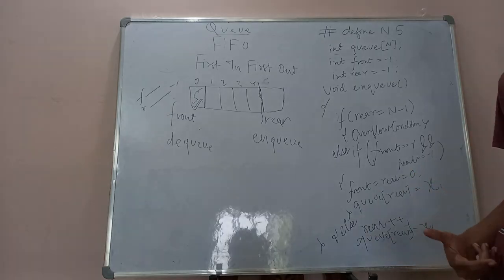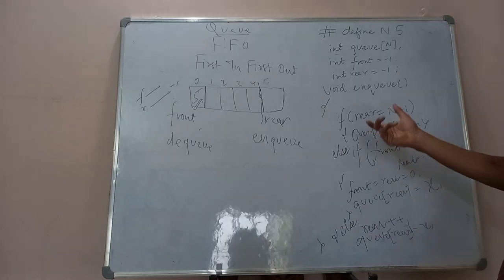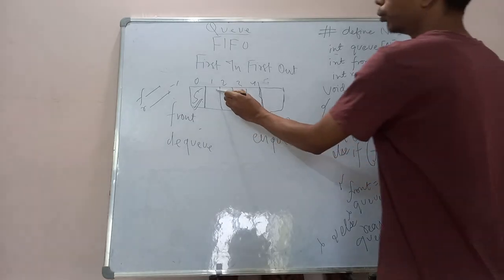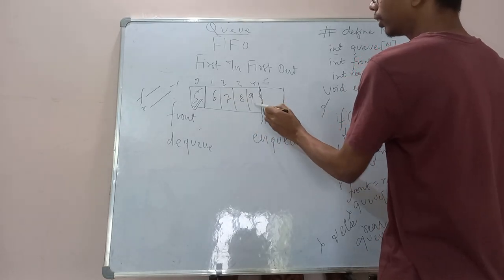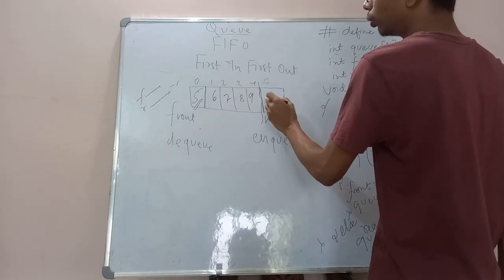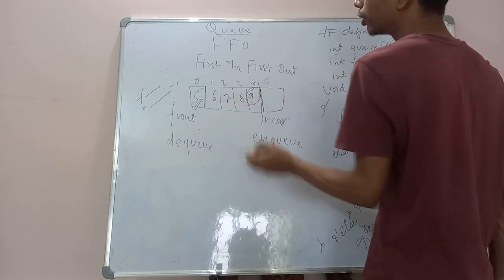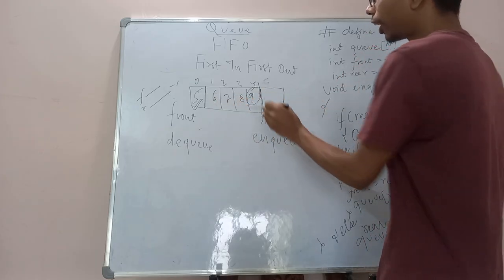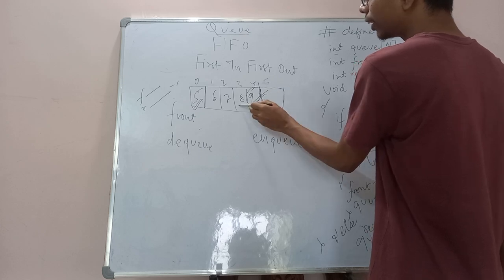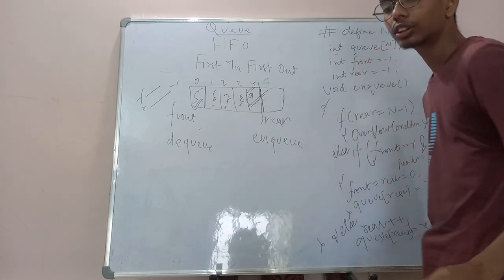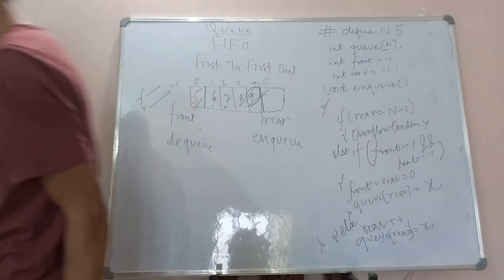Now we will discuss how to dequeue an element, how to remove an element. As this is my queue, first I gave 9, then 8, then 7, then 6, then 5. So when I dequeue, I will remove first this element, then this, then this, then this. So let's now code for dequeue.